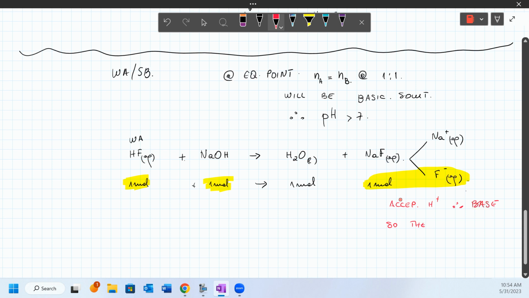So the solution is a basic solution. You remember that the strong, either acid or base, takes the power, but the scientific reasoning is that what you see in the product at the equivalence point is either an entity that is able to donate a proton, making it acidic, or one that is able to accept a proton, making it a basic solution.